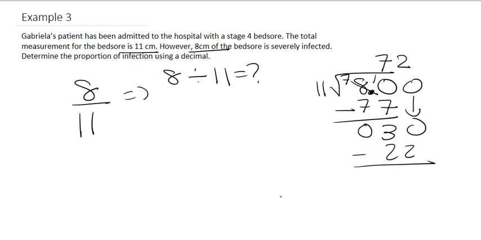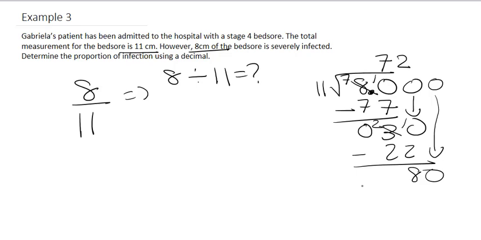Then we would subtract. So this 3 becomes a 2. This becomes a 1. So 10 minus 2 is equal to 8. 2 minus 2 is 0. So we're left with 8. So now we're going to add a 0, bring that down, and now we're left with 80.